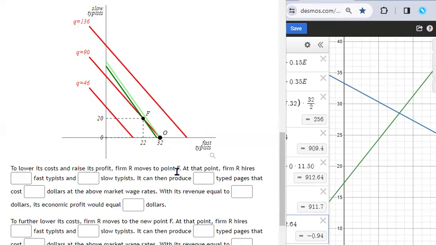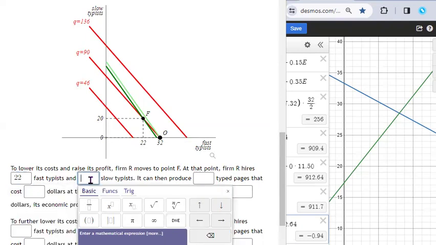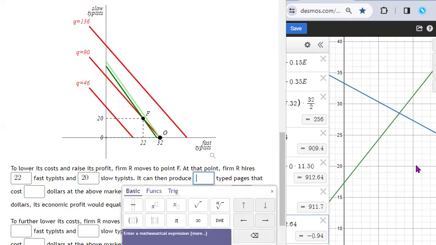At this point F, firm R is hiring 22 fast typists and 20 slow typists. And it's able, with this combination of typists, to produce 90 boxes per day, right?